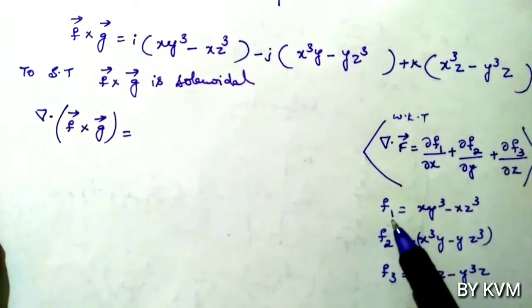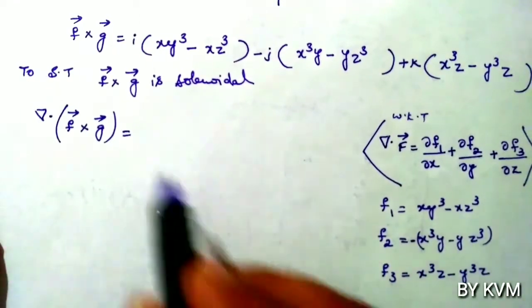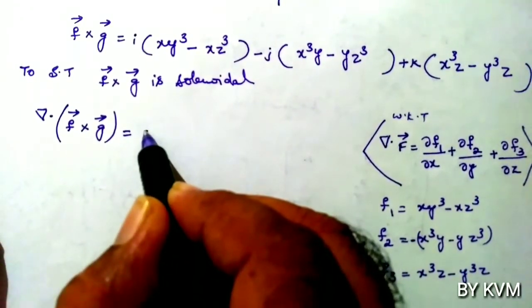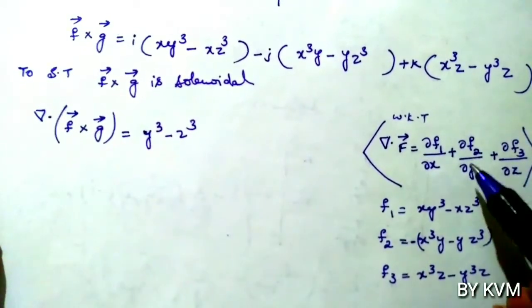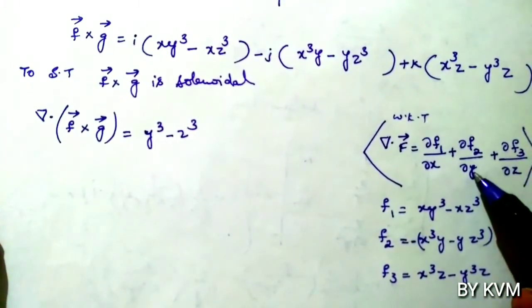So differentiate f1 partially with respect to x. Y and z are constants. So y³ minus z³.